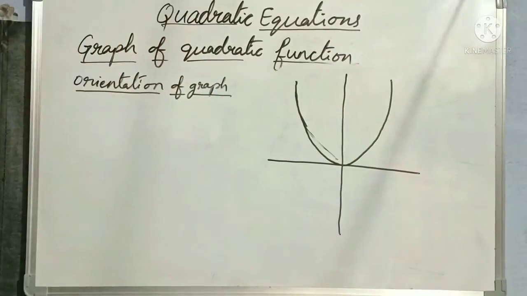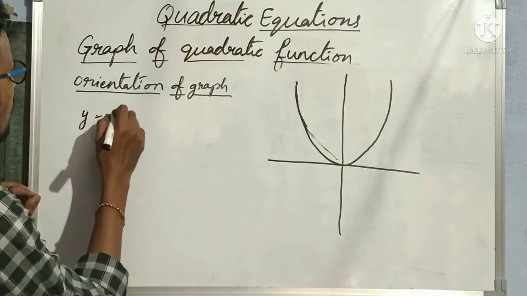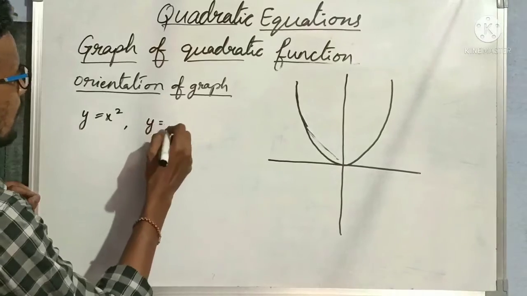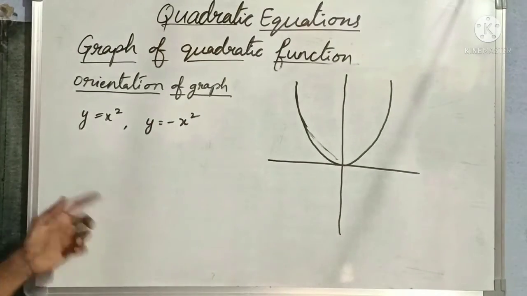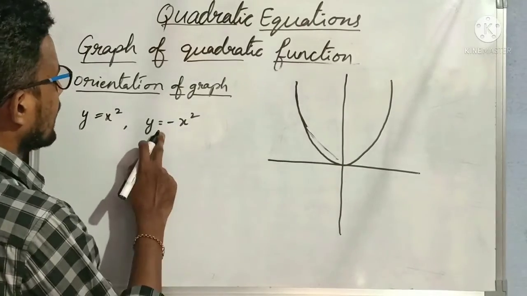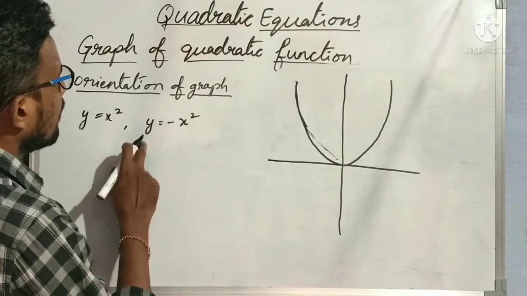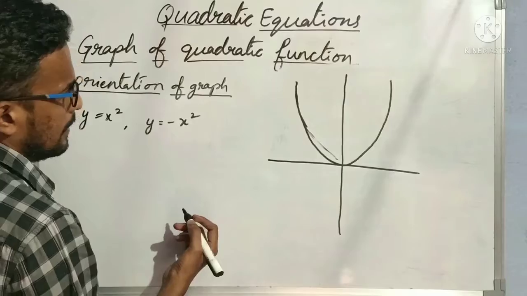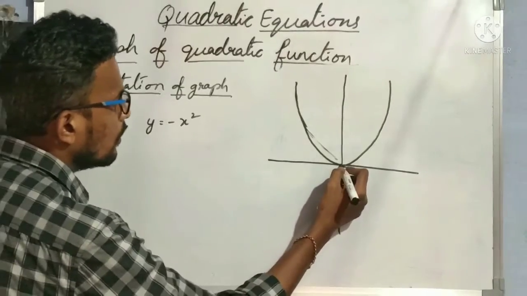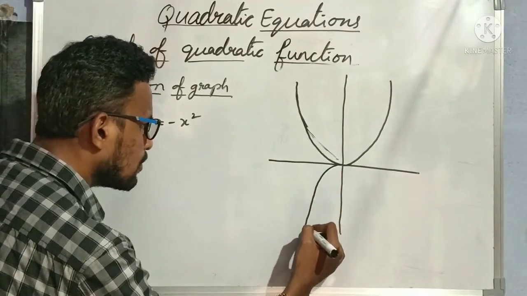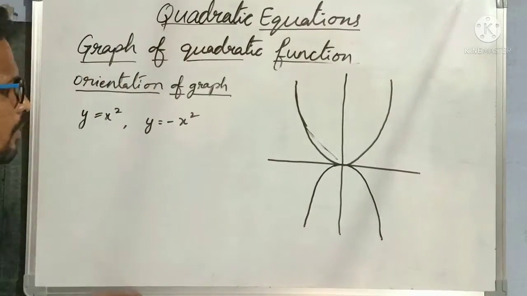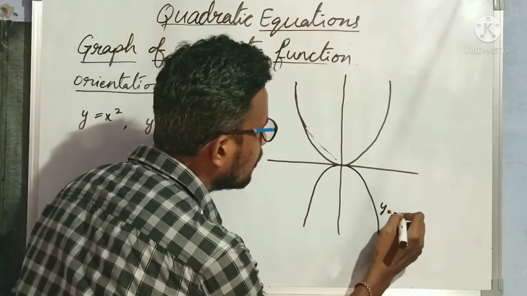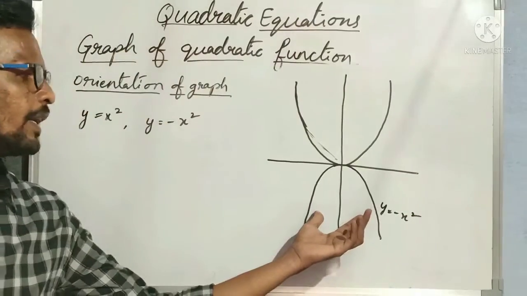Right? If I take y is equal to minus x square, then how will the graph be? Y is equal to minus x square. Anyhow 0 means 0, but when x is equal to 1, then my y value becomes minus 1, right? So whether you take positive values or negative values, my graph for y is equal to minus x square will be an inverted parabola.